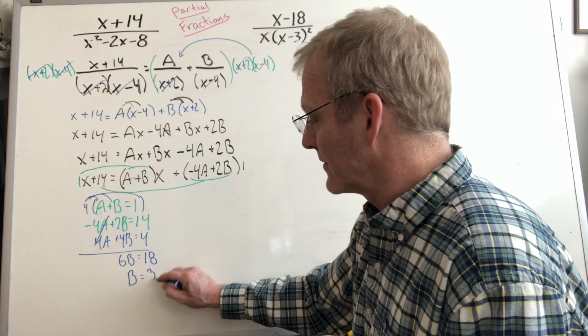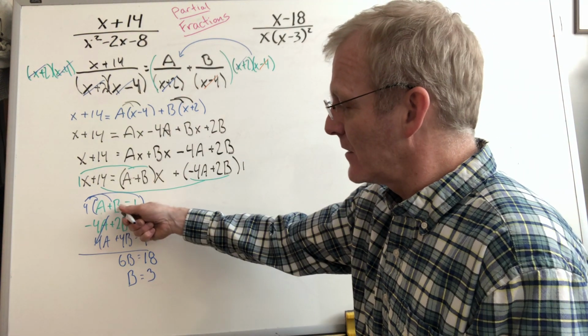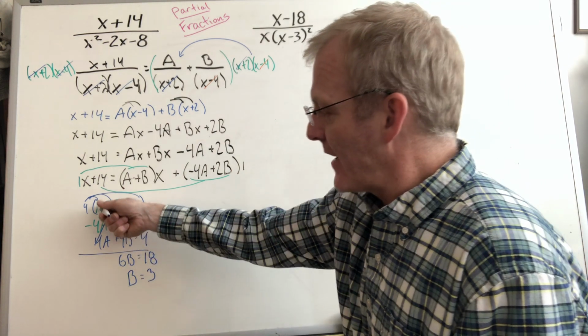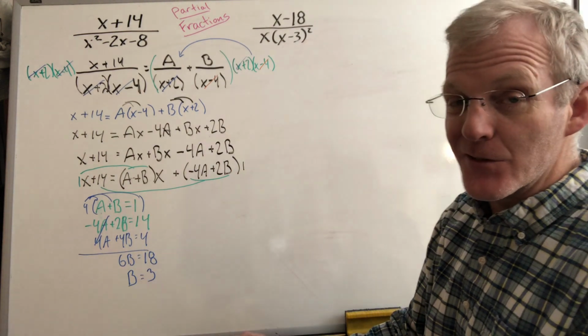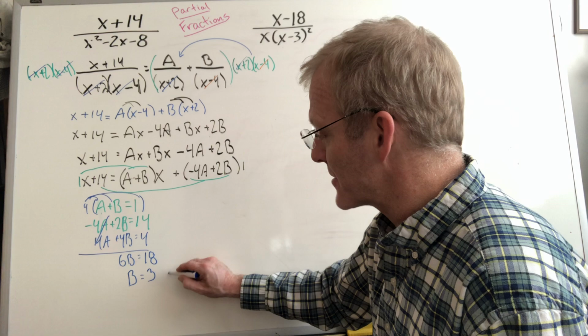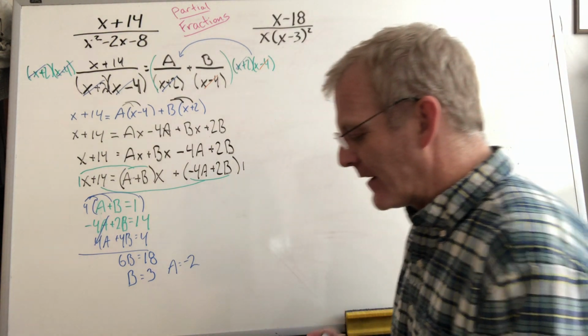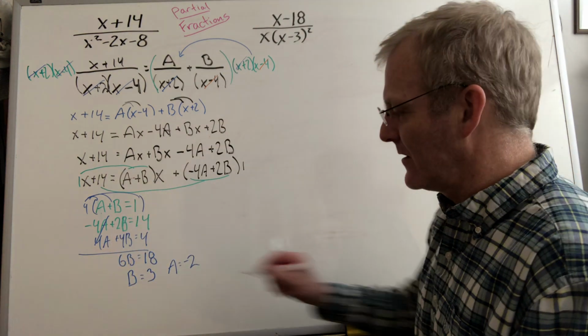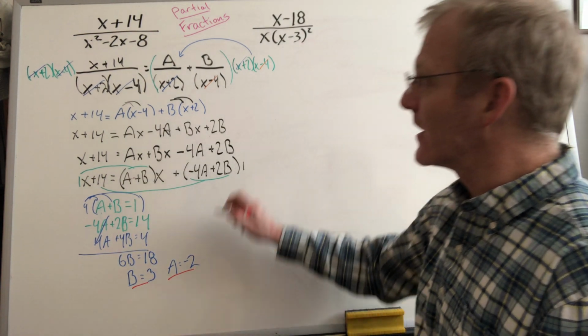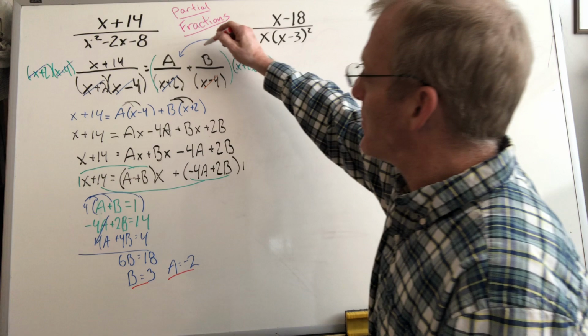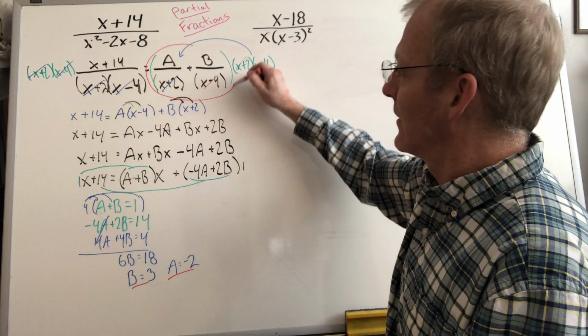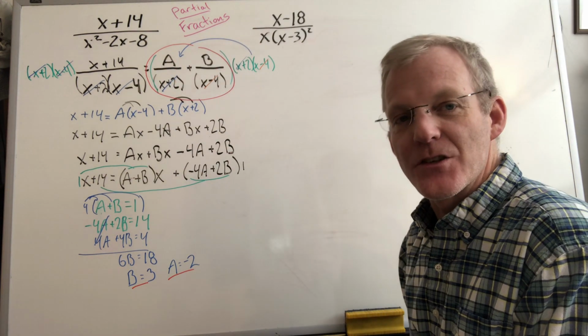b is 3. We plug that back up here. If b is 3, then a would have to be -2, right? You can do that. So I'm going to say a equals -2. Well, now that we know that, here and here, we can plug it right back here. And we'll have our solution.